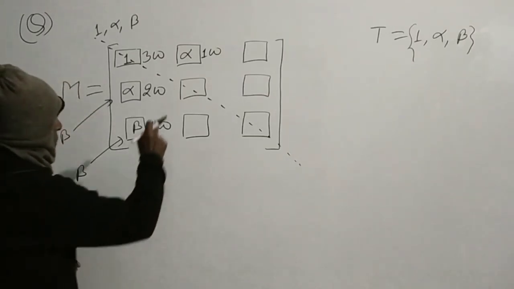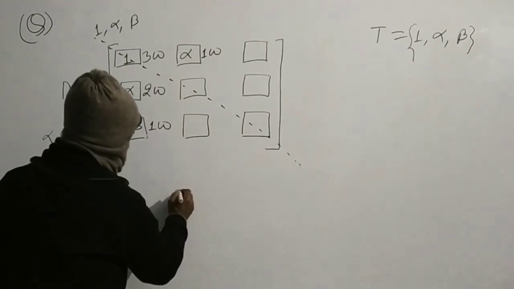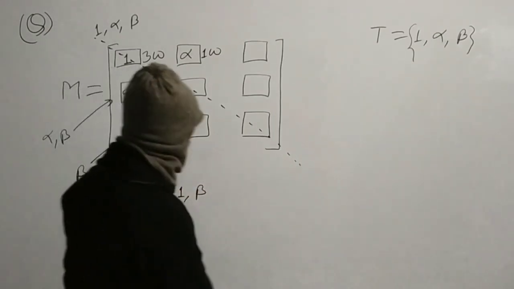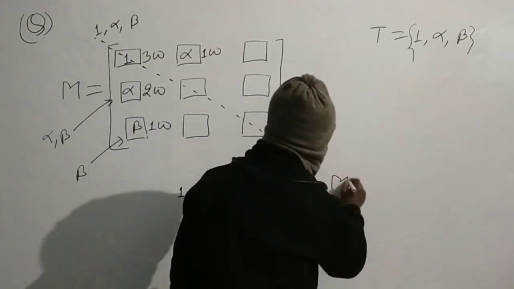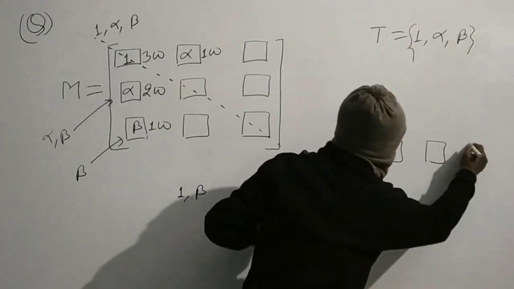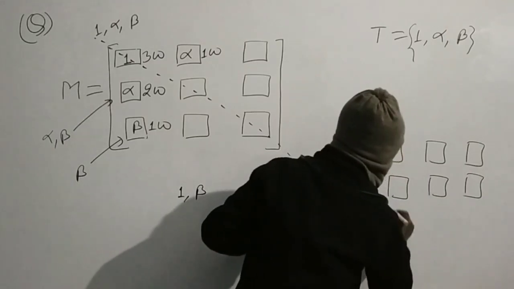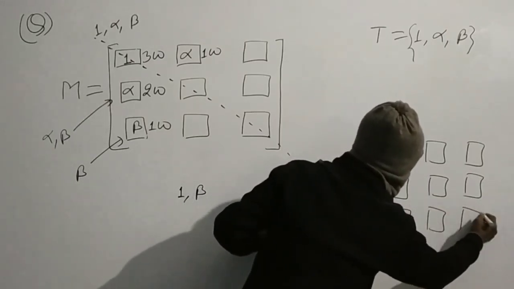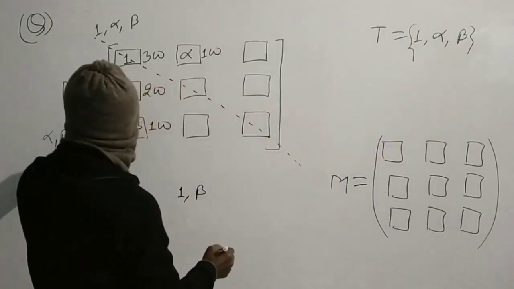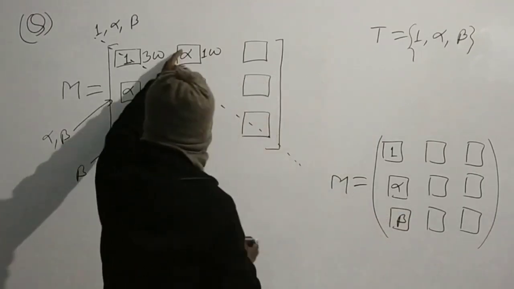It seems that we can fill this vacant place in 2 ways, by either 1 or beta.